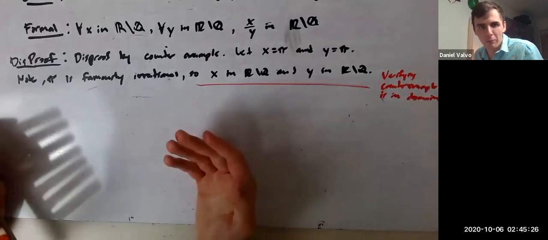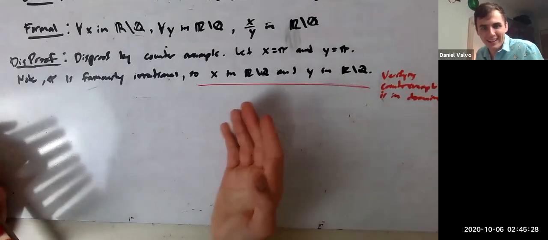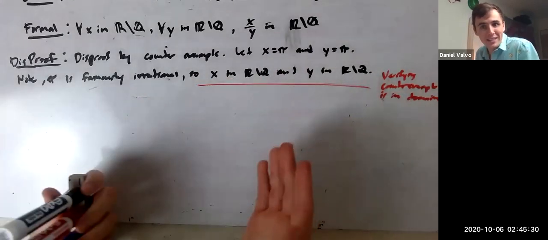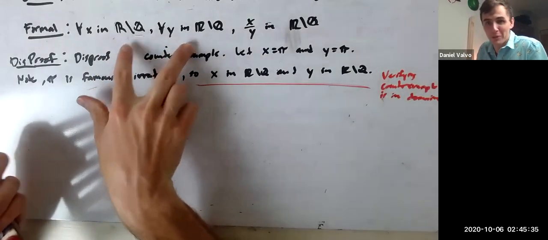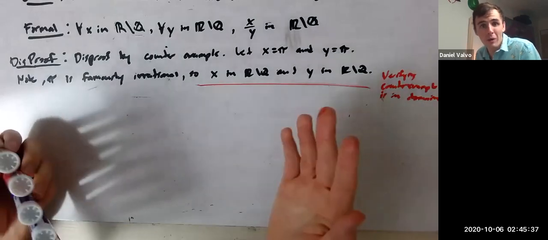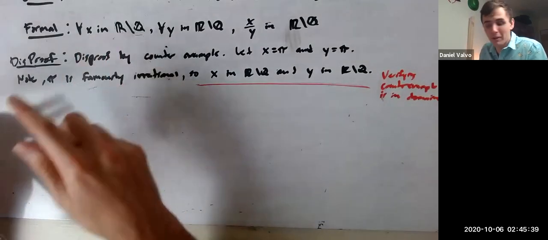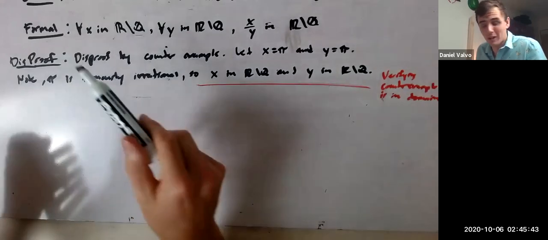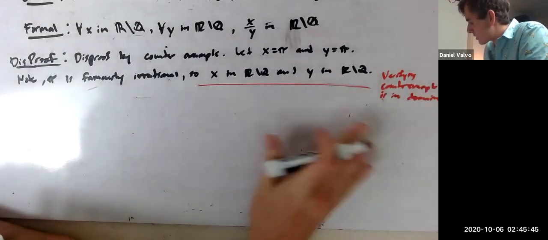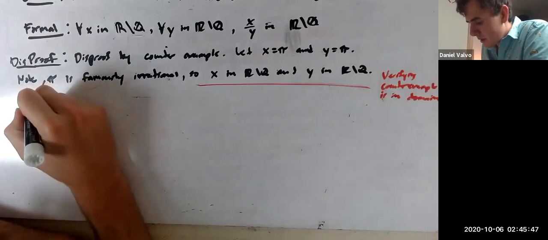Because it wouldn't be enough to come up with two numbers that, when you divide them, aren't irrational, unless they actually are in the irrational numbers. We're saying things about the things in the irrational numbers. So we couldn't have x equal 1 and y equal pi, because 1 is rational. We're verifying we're actually talking about the things we're talking about. So x and y are both irrational.